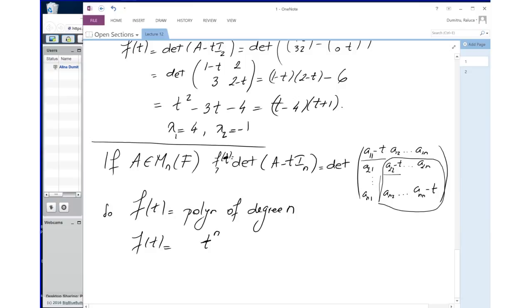So to get t to the n, I can only get it in one way, from the multiplication of, somewhere in that sum of products of whatever it is inside that determinant, which is not very nice what will happen in there. But somewhere you will have the product of all those diagonal entries in that sum. And that's the only term that will give you t to the power n.